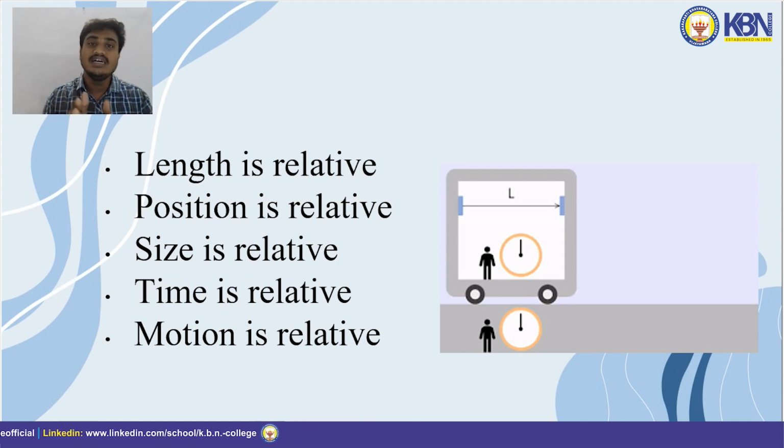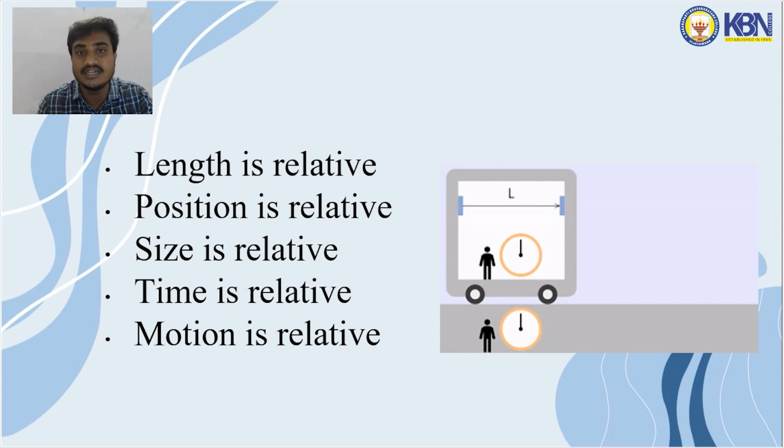Because as the train moves, the person beside the train also moves at 20 km/h, so in his perspective he sees the train moving at only 40 km/h. Now the third person is moving at 30 km/h in the opposite direction of the moving train, so he will observe the train moving at 90 km/h.